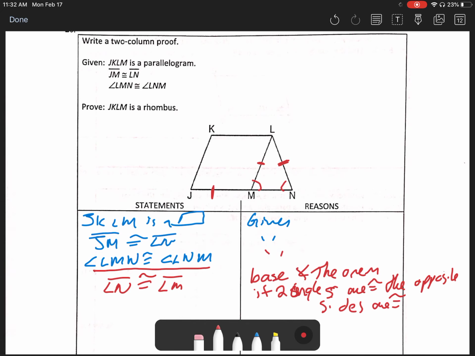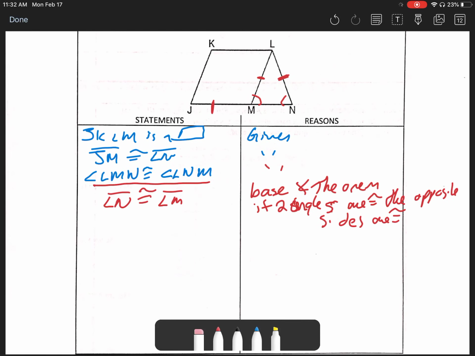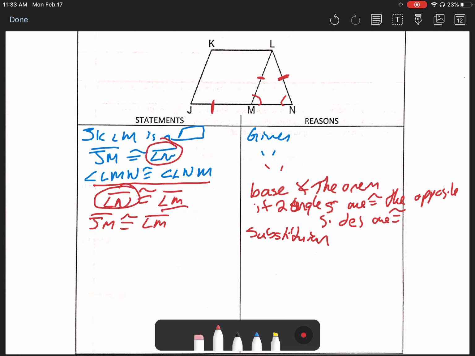So let's keep going. We also know by transitive property, or by substitution, that if LN and LM are congruent, then JM must also be congruent to LM. Because if JM is congruent to LN is congruent to LM, then JM must be congruent to LM.